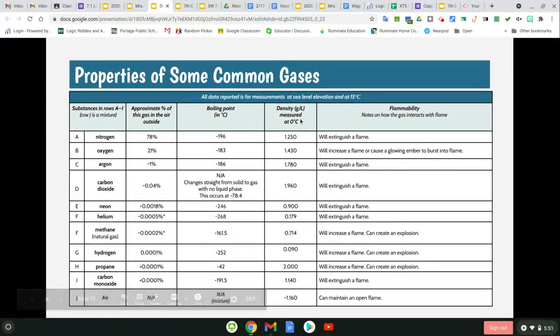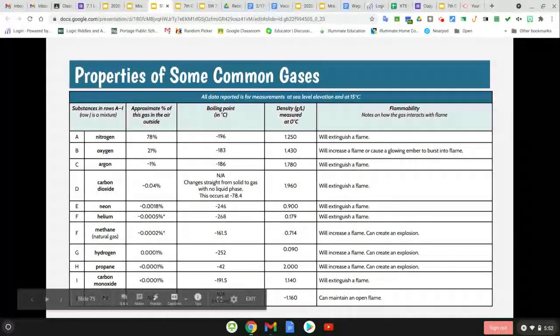The last two columns are the ones that we are going to look at because we already know something about the density of our gas in the bath bomb, and we know if it's flammable or not. We know that the gas in the bath bomb does extinguish a flame. So what we're going to do is compare the gas in the bath bomb to air. We know from the previous investigation that the gas in the bath bomb sinks, and so it is denser than air.